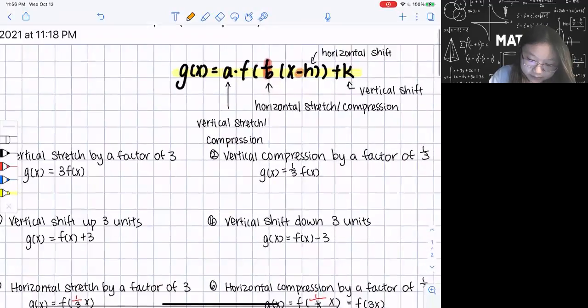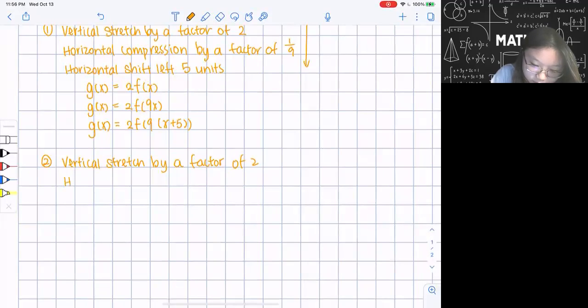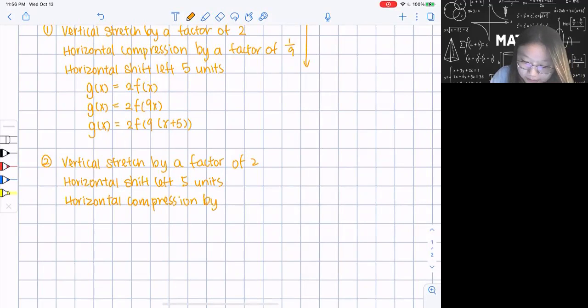And then I'm gonna have a horizontal shift left 5 units. So basically, I'm switching the order for the last two, but you will be surprised that you're gonna get 2 different answers here. That's why I said order affects a lot in transformation, right?